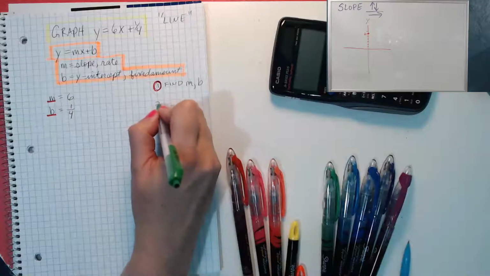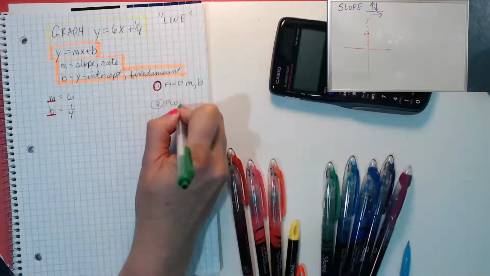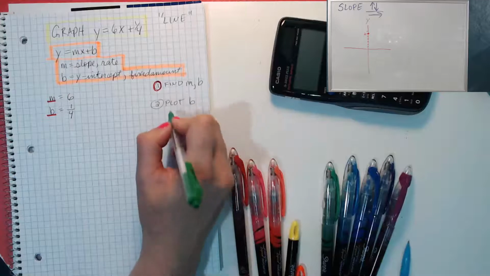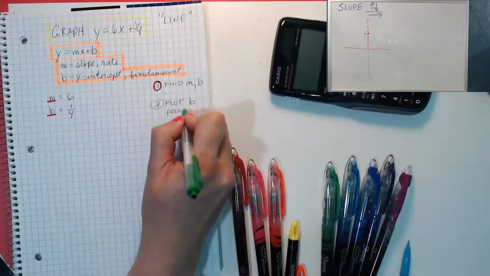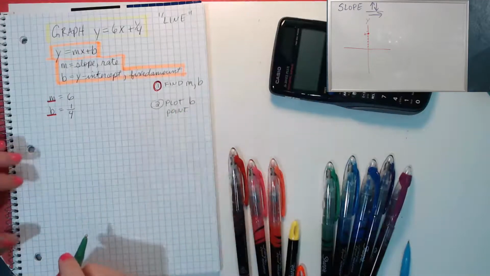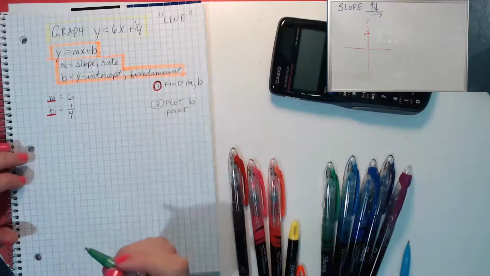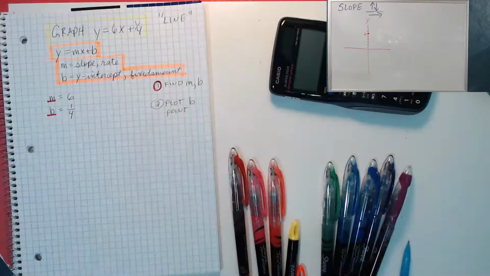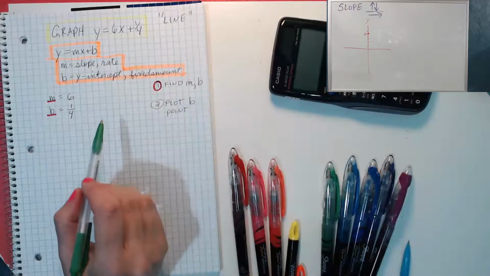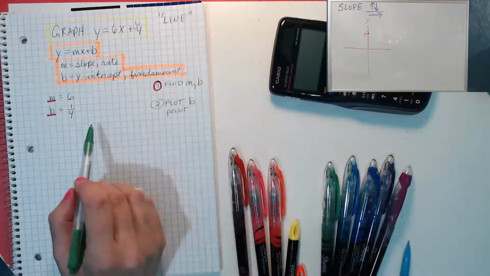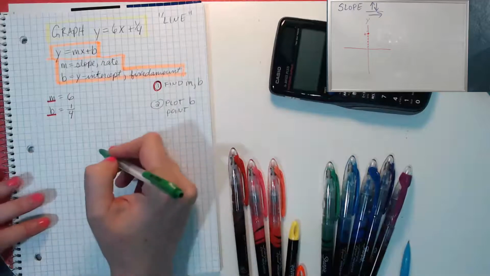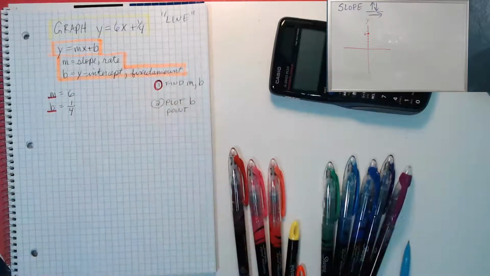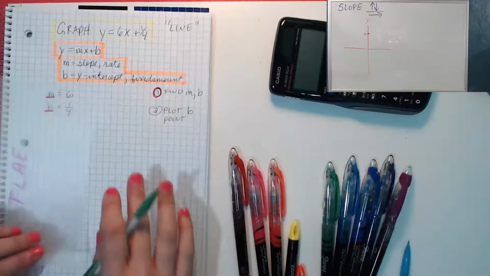Number 2, plot the B point. That means we need to draw a little graph here. Y equals 6x plus 1/4. It's going to be pretty steep. So let's start our graph about here and get my straight edge.